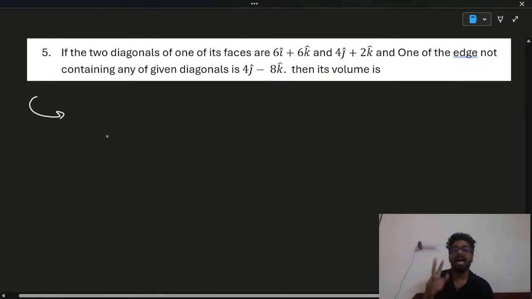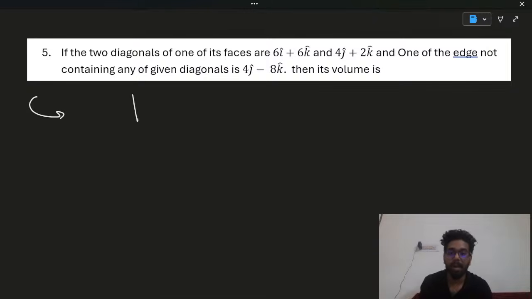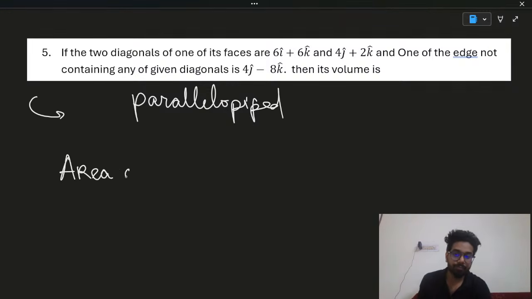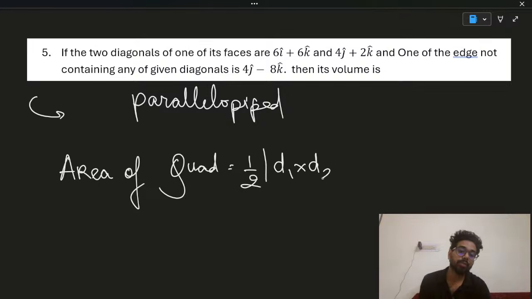Now they are saying we are having two diagonals of the face, of a parallelepiped. This is a parallelepiped. Now guys, I will write down two things over here. First is area of parallelogram, area of quadrilateral. Area of quadrilateral is equal to 1 by 2 modulus of d1 cross d2 vector.